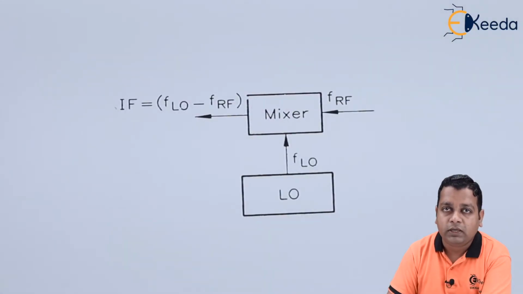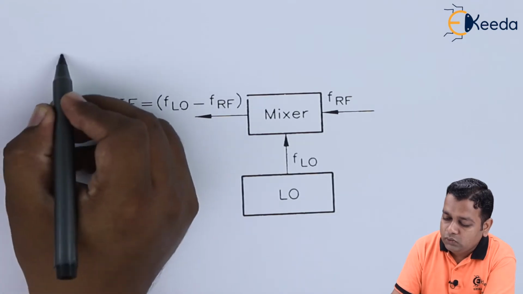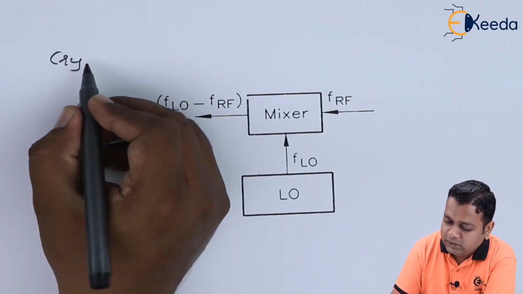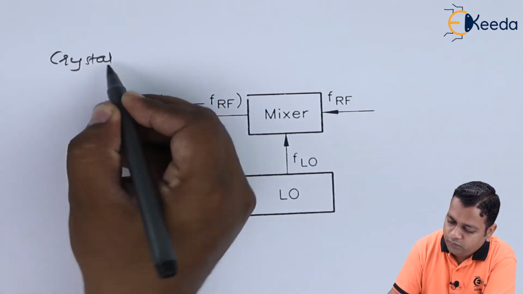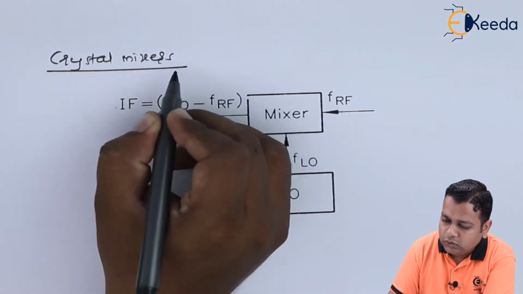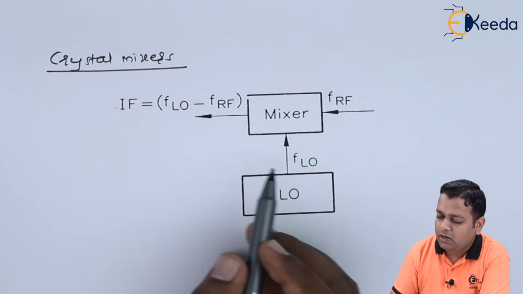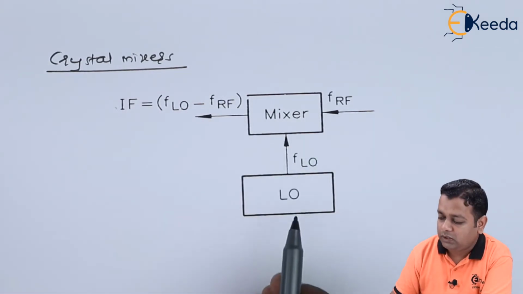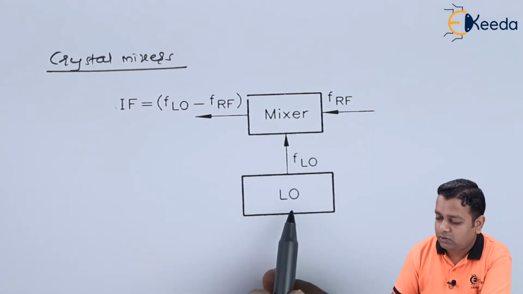Now most possibly in the superheterodyne type of receiver for radars, we make use of crystal mixers here. For the crystal mixers, the schematic representation with the help of the local oscillator can be shown like this.